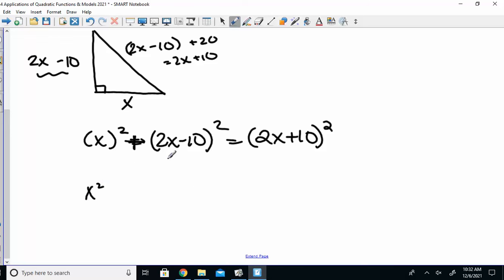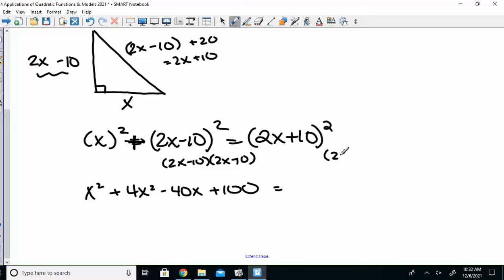You have to foil. 2x minus 10 squared means you have 2 of those. 4x squared, minus 20x and minus 20x, minus 40x. Negative 10 times negative 10 is positive 100. Over here, 2x plus 10 squared gives us 4x squared plus 20x and plus 20x, so plus 40x, plus 100.